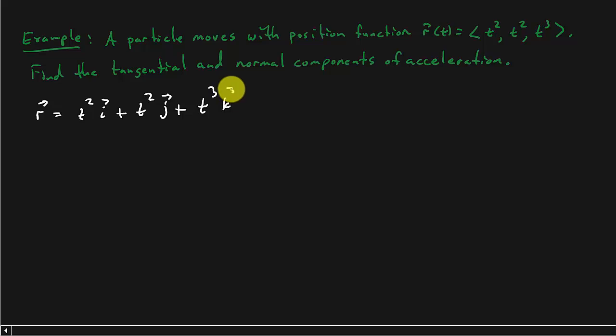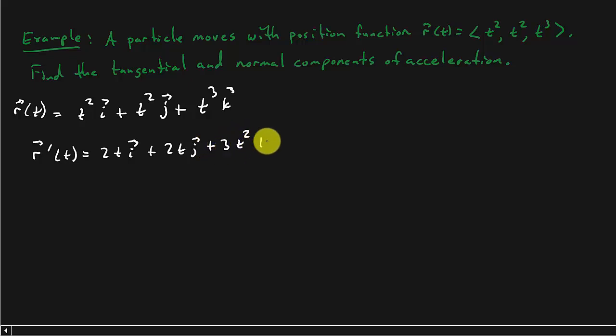Okay, let's write it in ijk form because we are going to take the cross product, so we'll get a solution in ijk. So we've got r of t, that's going to be t squared times vector i plus t squared times vector j plus t cubed times vector k. r prime of t is 2t times vector i plus 2t times vector j plus 3t squared times vector k.